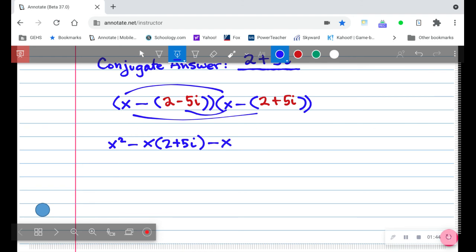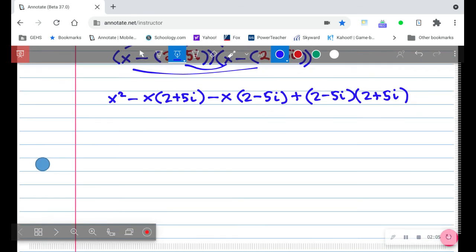It's minus x times 2 minus 5i. And then we have last times last here, a minus times a minus, or negative times negative. That turns it to positive, and we have those two terms, 2 minus 5i times 2 plus 5i. So this is precisely the work we're going to try to avoid with the formula I'm going to give you in a minute here.